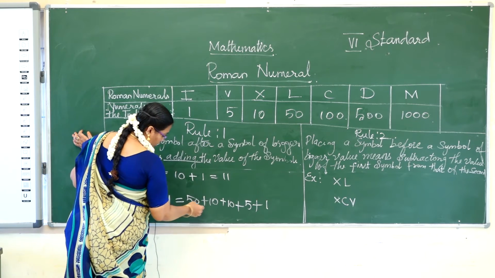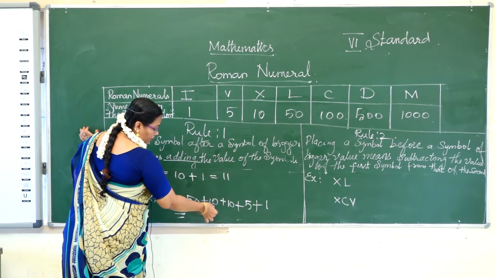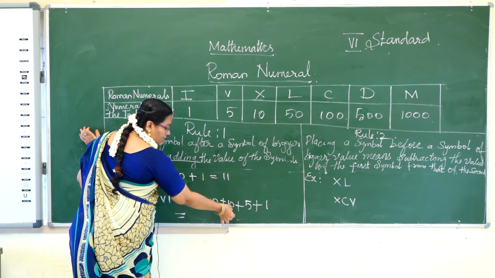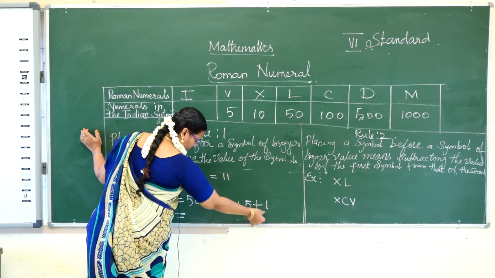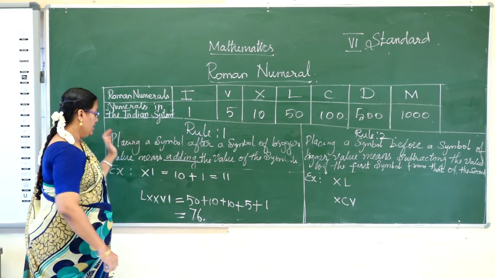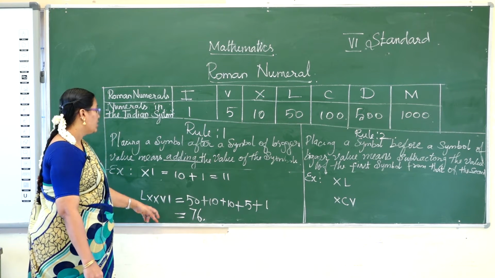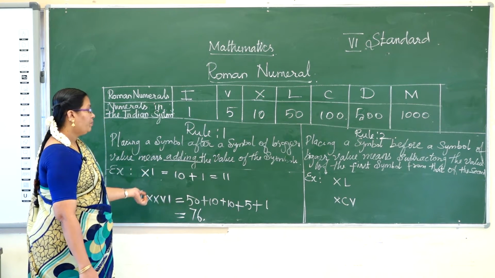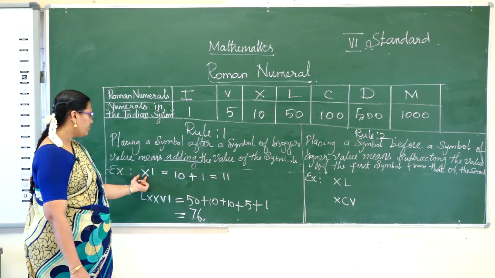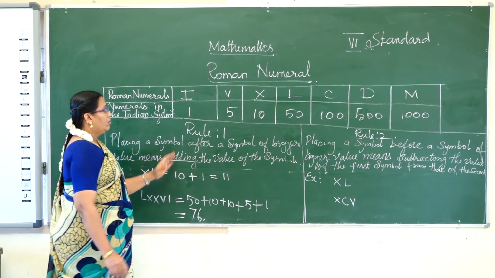Add the total value of the given Roman numeral: 50 plus 10 is 60, 70, 70 plus 6, 76. The Roman numeral value is 76. So what is rule number 1? After the bigger value, when the smaller value comes, you can add, that's all.